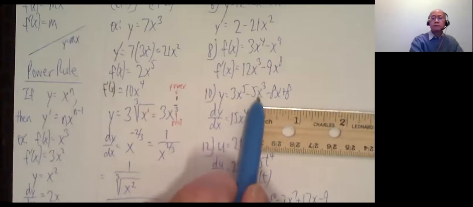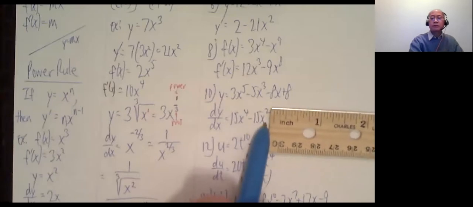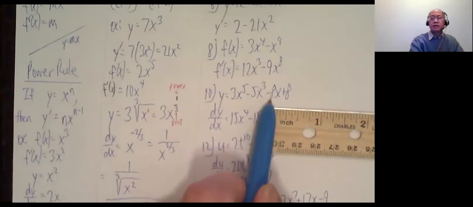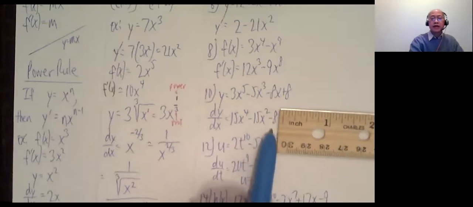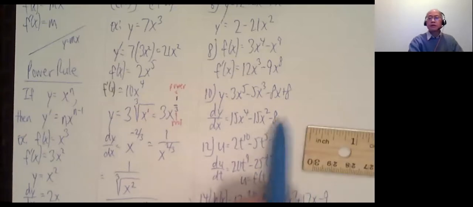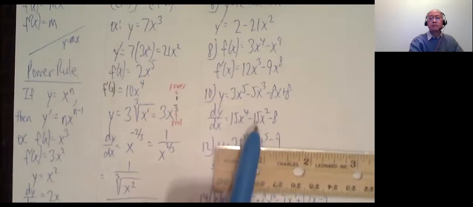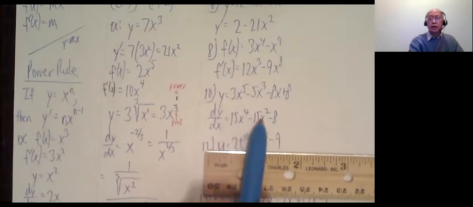What would you put down? Negative 15x squared. Derivative of negative 8x? Negative 8. Derivative of 8? 0. So you don't have to write plus 0 because if it's plus 0, you just leave it alone. So if you got exactly what I got, great. That's what you want.